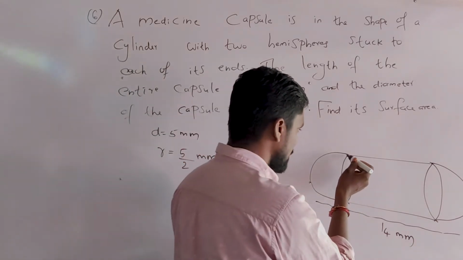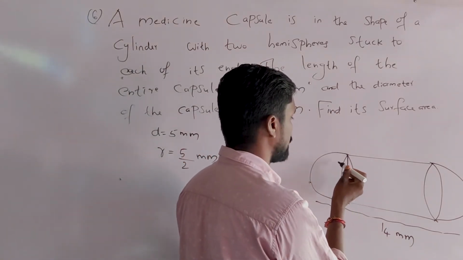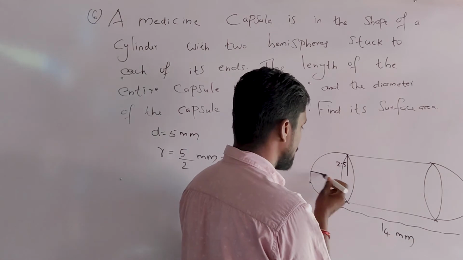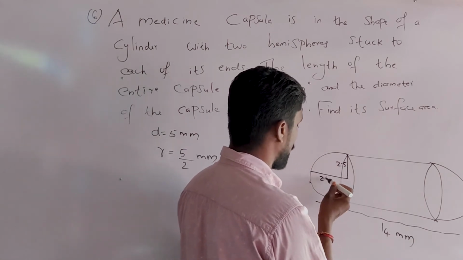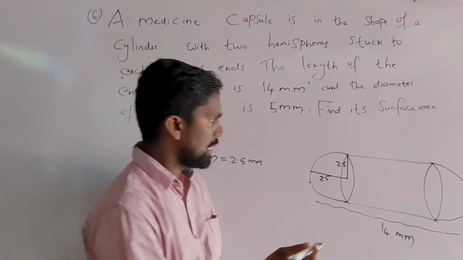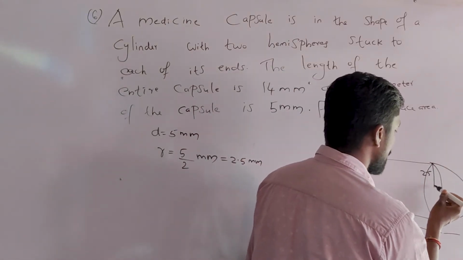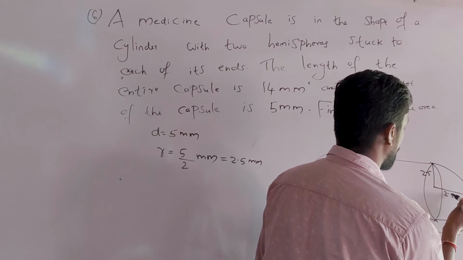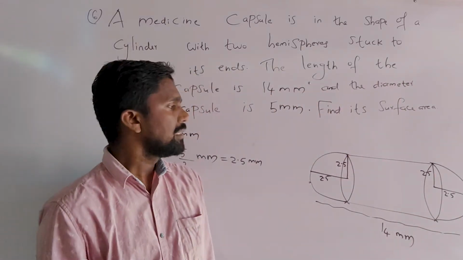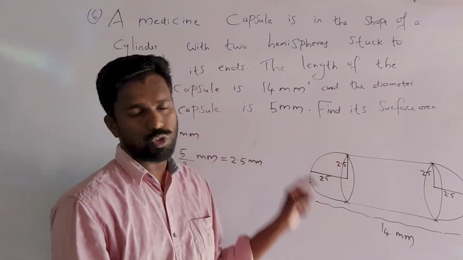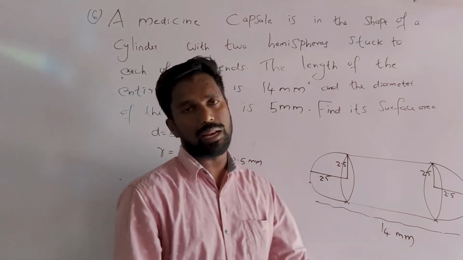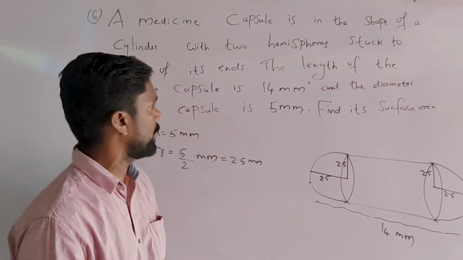This is the radius, 2.5. Then this is also 2.5. Similarly, this is the radius, 2.5, and this is also 2.5. Then cylinder radius is 2.5, and hemisphere radius is also 2.5.